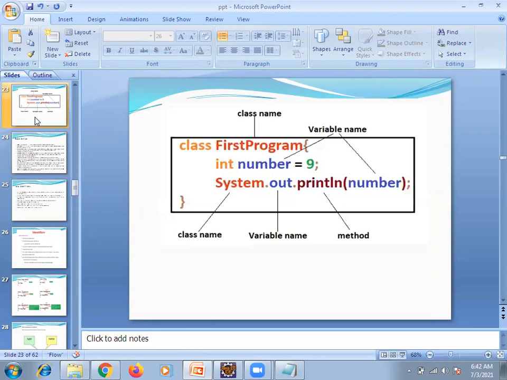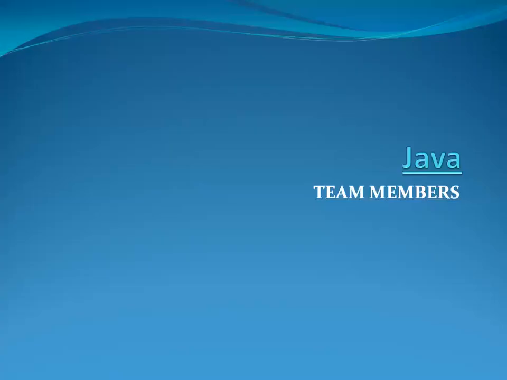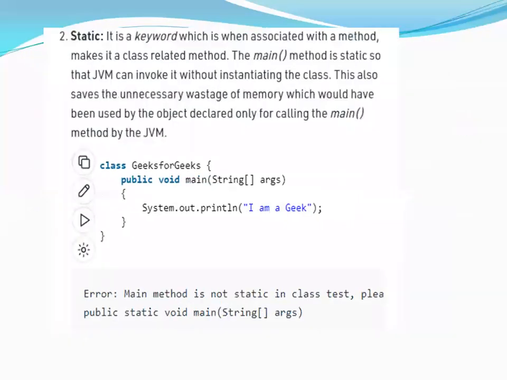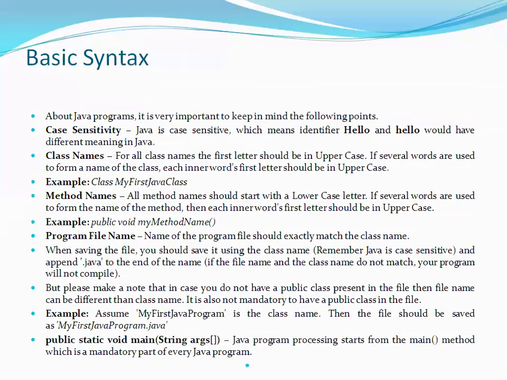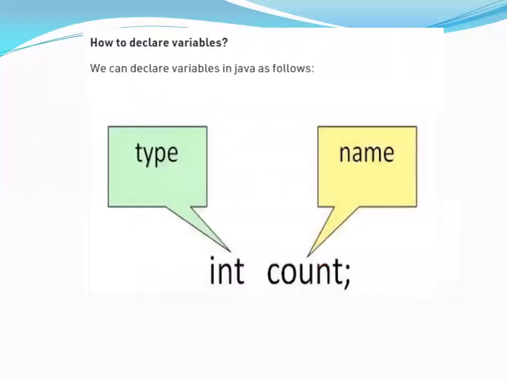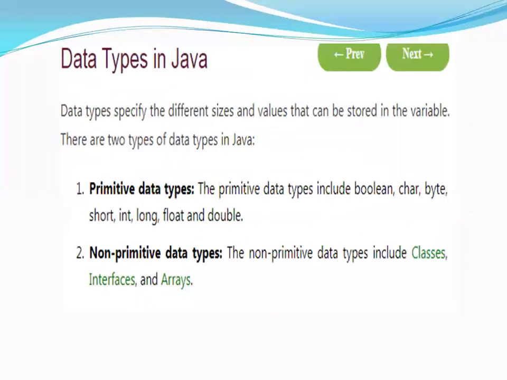Now how many types of variables will there be? We want to see that. Clear? Now data types, we want to discuss more on data types. How many data types are available in Java?